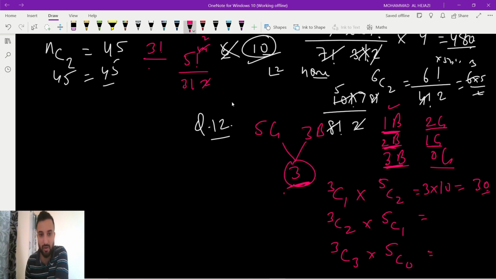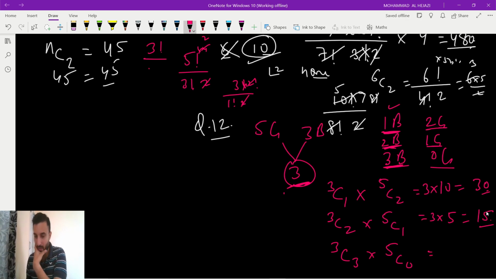Then 3C2 means 3 factorial divided by (3 minus 2) factorial, which is 1 factorial, and 2 factorial, which is 2. So 3 into 2 factorial, the 2 will get cancelled, so 3 into 5C1. 5C1 is 5 only, so it is 15.